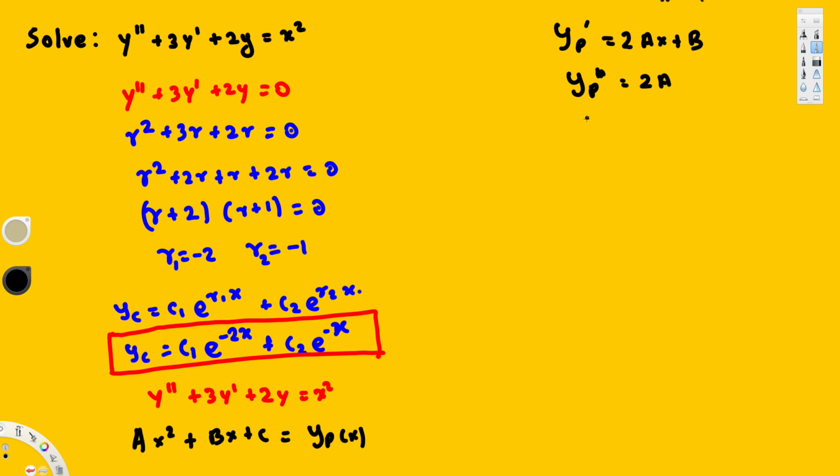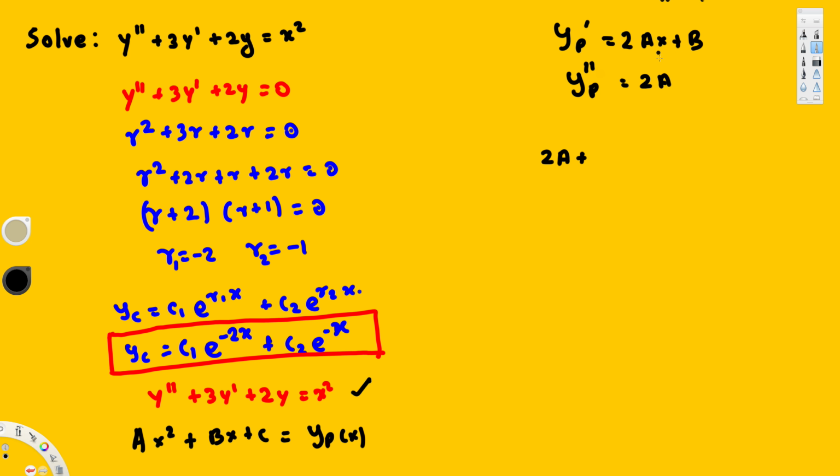Now we are going to write this equation in terms of the first derivative, second derivative and the main function. So y double prime we found right here is 2a. So I'm going to write this equation in this pattern. y double prime is 2a plus 3 times y prime.